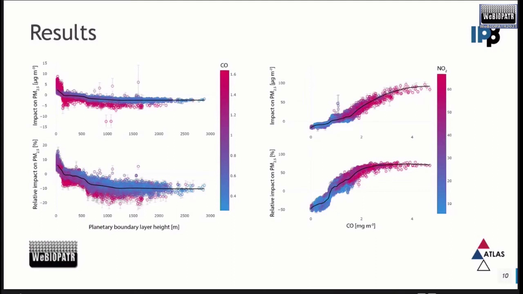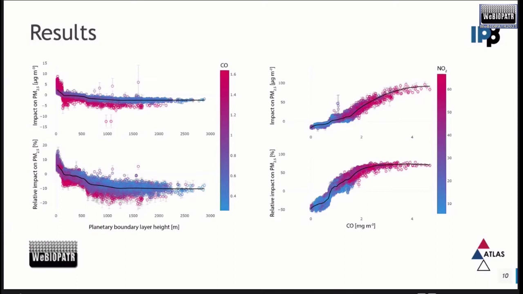We may see three different regions, and the first area is the domain of the greatest influence of PBL height on the concentrations of suspended particles, in the environment of lowest PBL height, up to 100 meters. Reducing the height of PBL below 100 meters can affect the change in concentrations by about 10%.